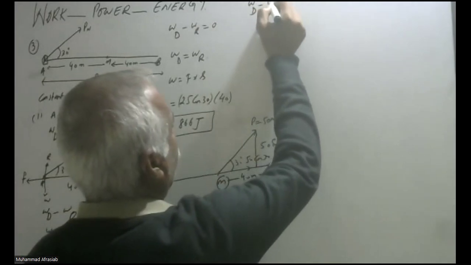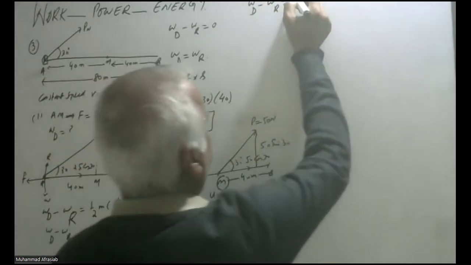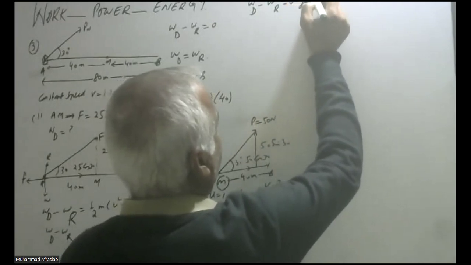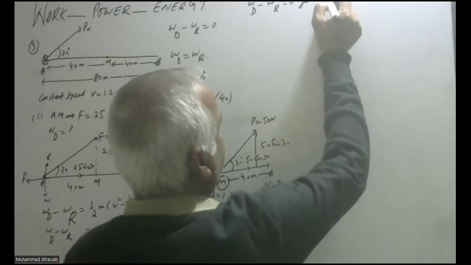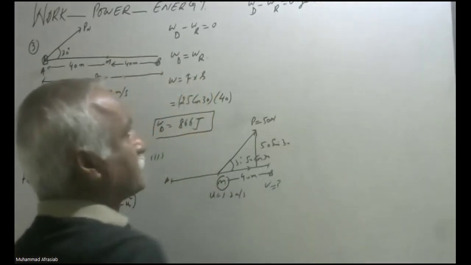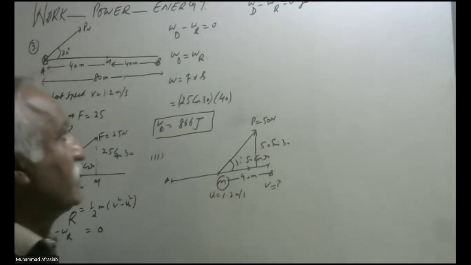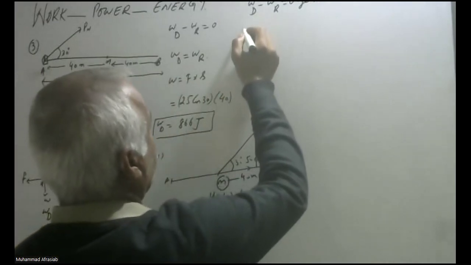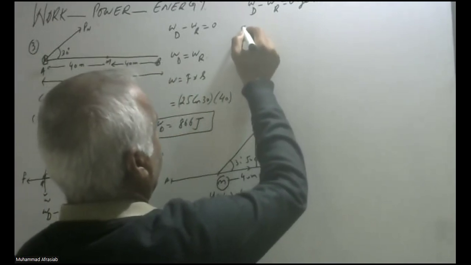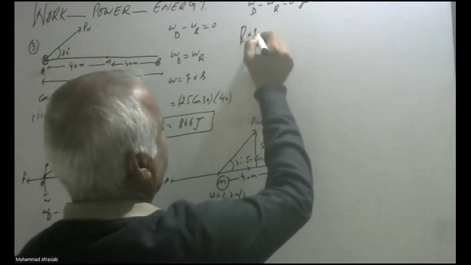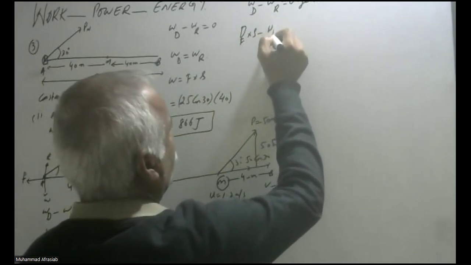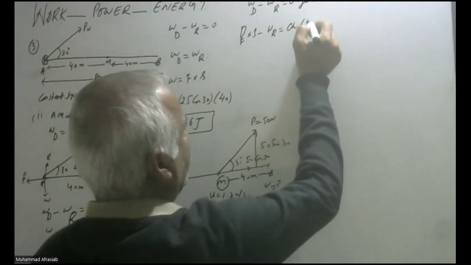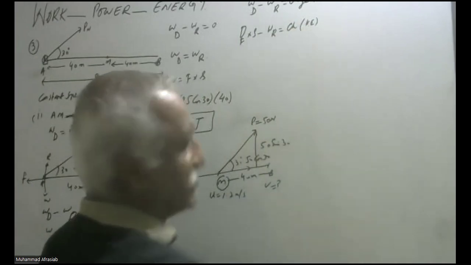Work done by the driving force minus work done by the resistive force is equal to the change in kinetic energy. Work done by the driving force is driving force times distance, minus work done by the resistive force, equal to the change in kinetic energy of the system.